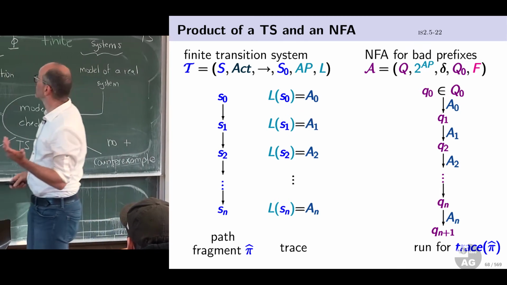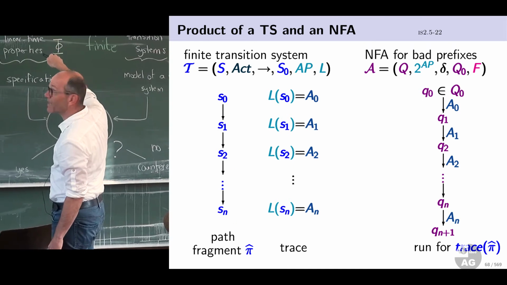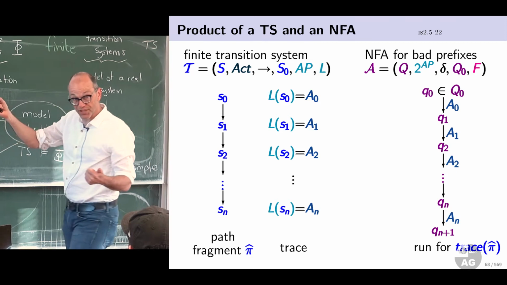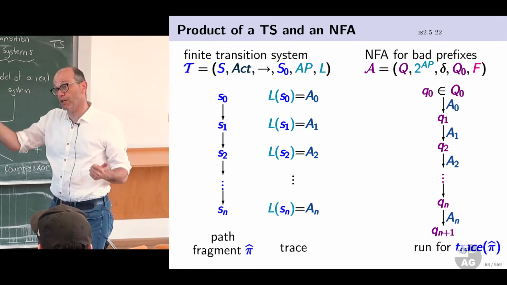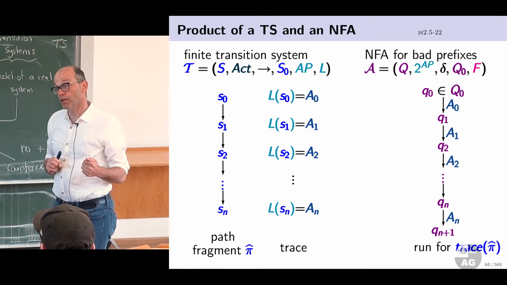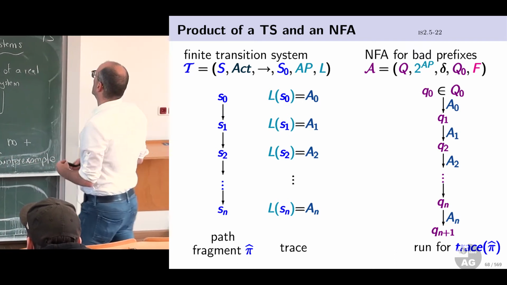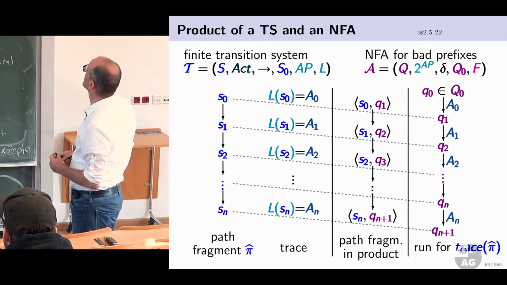So what I'm going to do is that here I'm going to use state labels in my transition system, and I'm going to use them as transition labels in my automaton. That's what I'm going to match one by one. So this looks as follows.